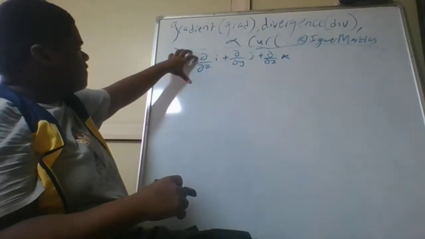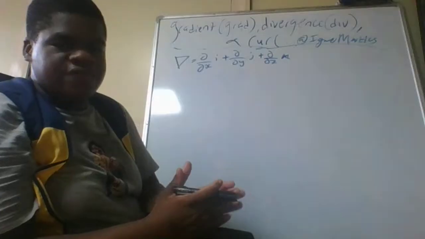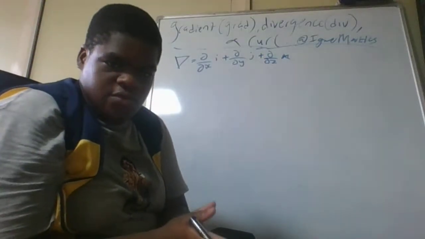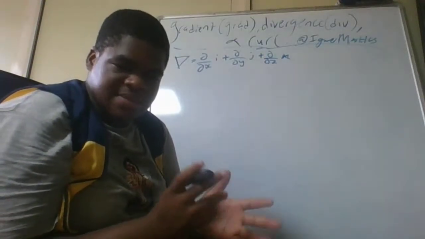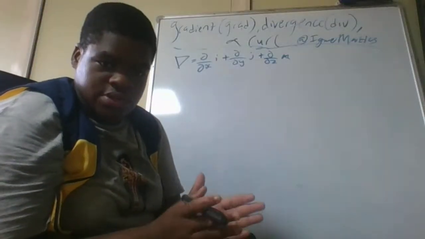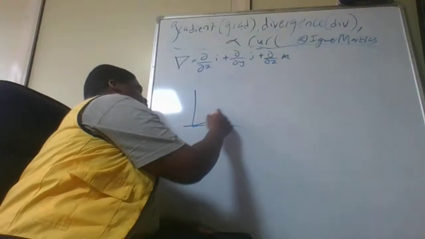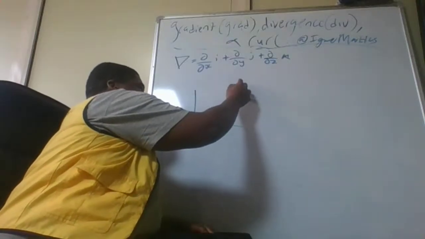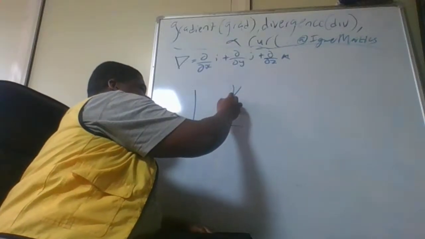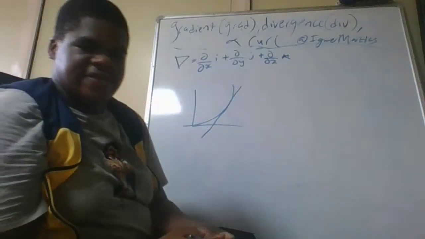Now, if we want to analyze a scalar field and find the gradient of a scalar field, what does that imply? The gradient of a function in a normal 2D graph, let's say we have a 2D curve as such, is basically, let's say, the turning effect.